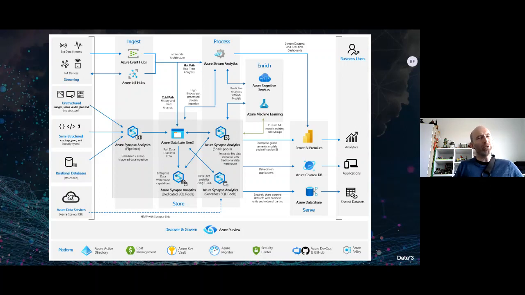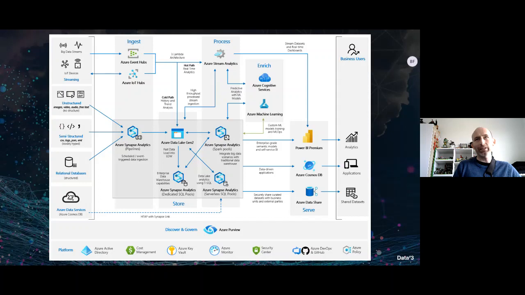So we are pulling our data, unstructured, semi-structured, from our relational databases, anywhere we can get our data from, and using our pipelines, we're landing it into our data lake. Up the top, we are pulling from our big data streams, our IoT devices, into our hubs. From there, we are pushing that data into our data lake. We're also pushing off into Stream Analytics.